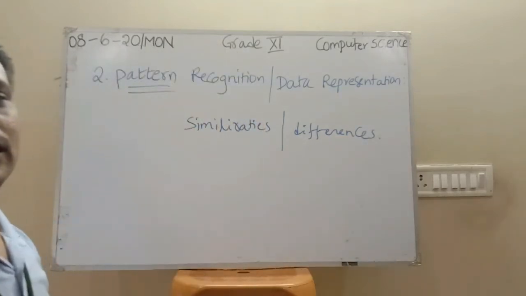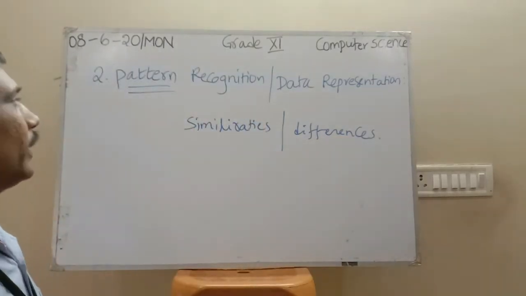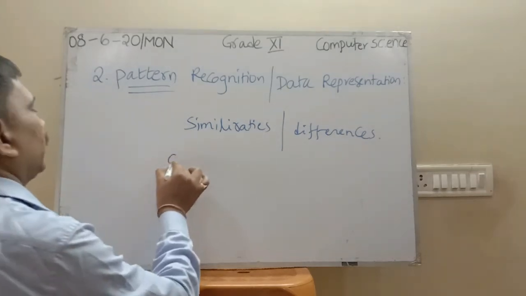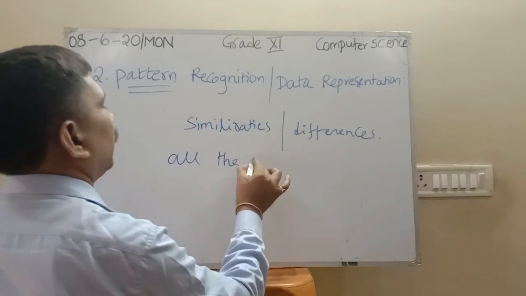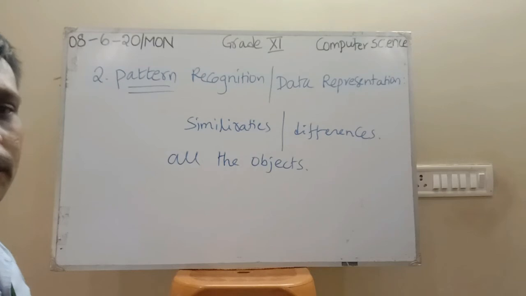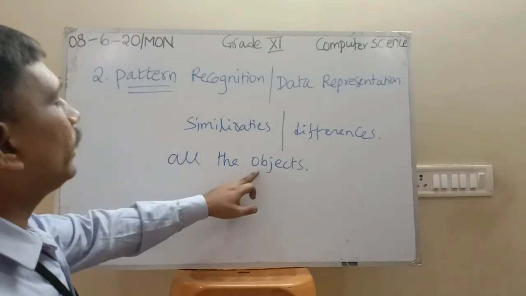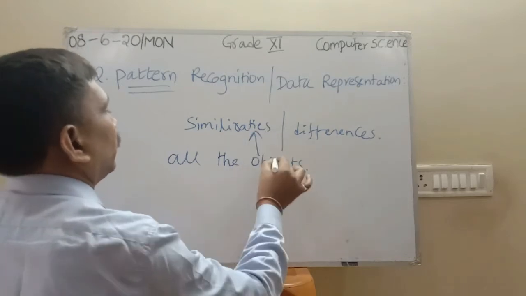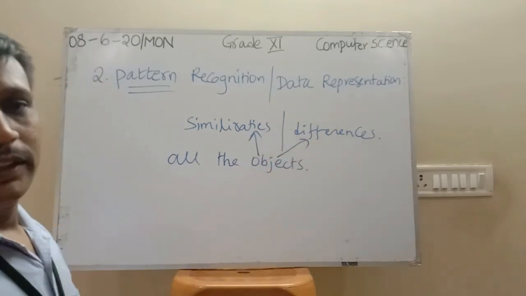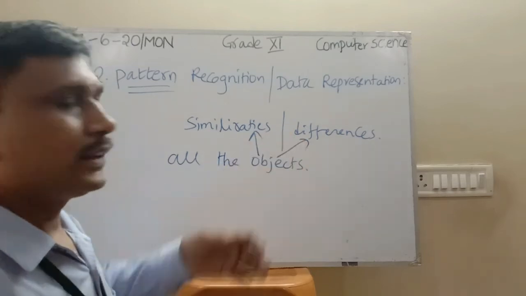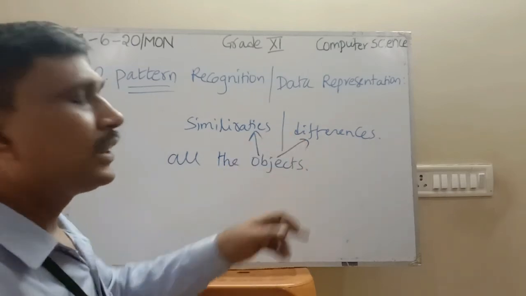In all the subproblems, first we identify all the objects in that problem. Then after that, for every object, we identify whether there are any similarities or differences among these objects.